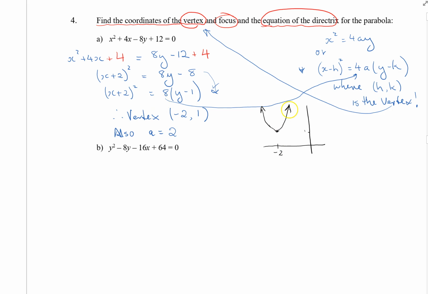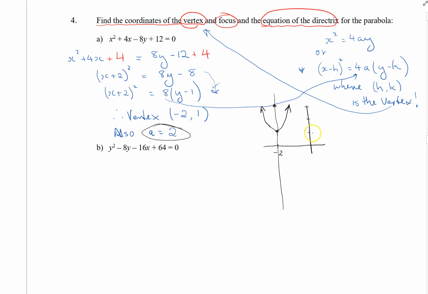How do you translate that into the diagram? Well, I know that that means that I have to go 2 units up here. So that's the axis. But 2 units up, because the focal length is 2.